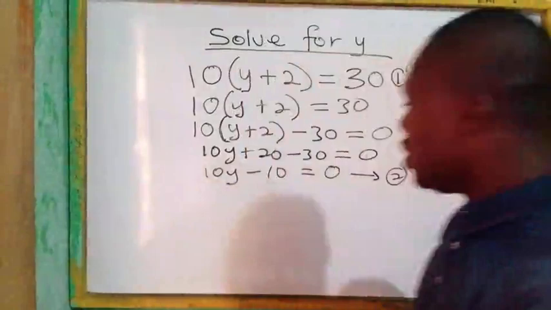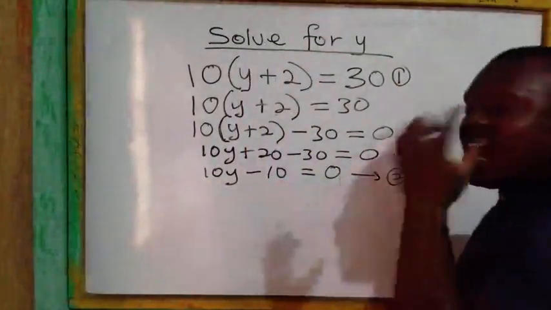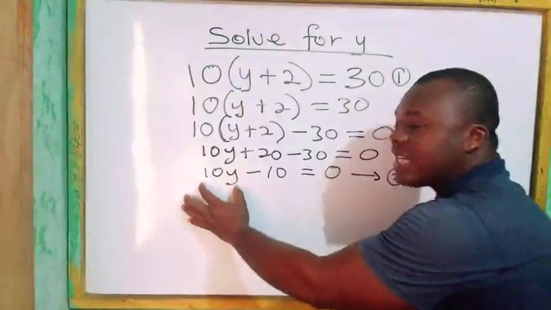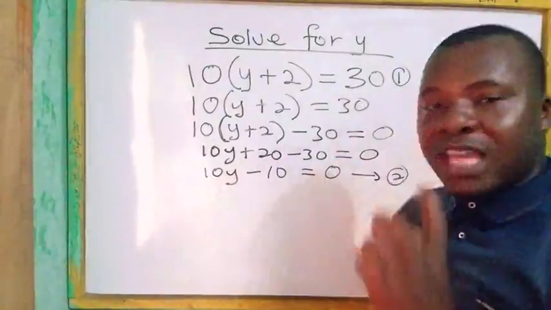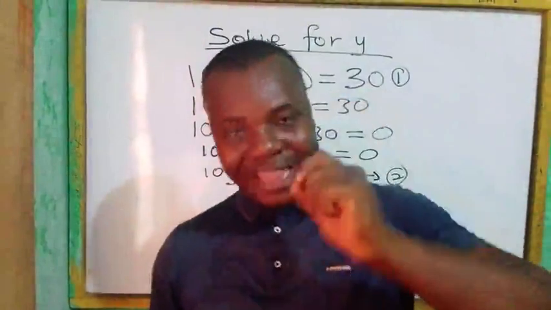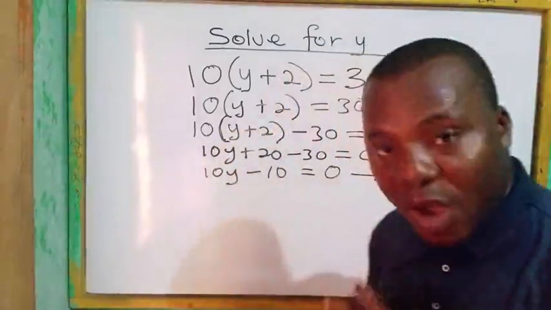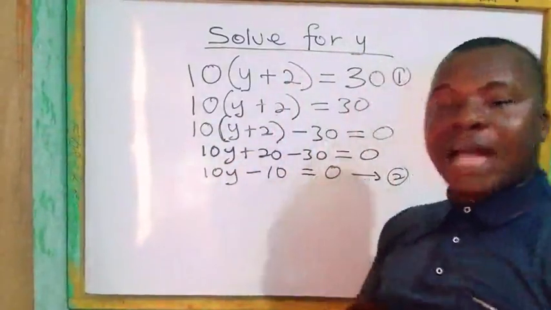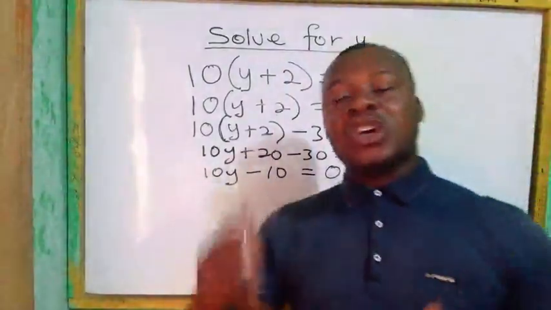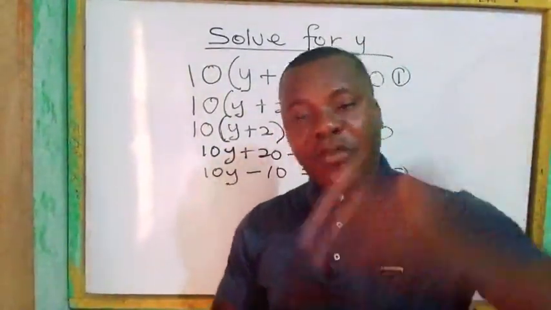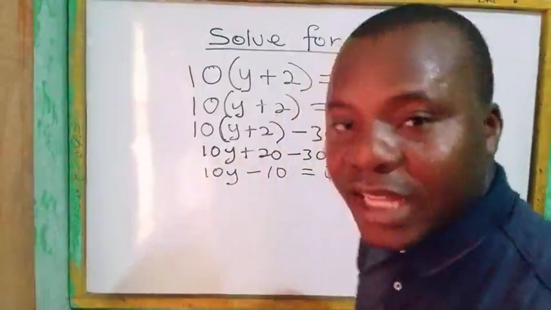You transpose. Anytime you see a figure with the subject, you must maintain that figure, because the subject is what you get at the end, when you are able to get it equal to a number, then you can divide so that you can cancel the number away from that subject, and then you get the subject.